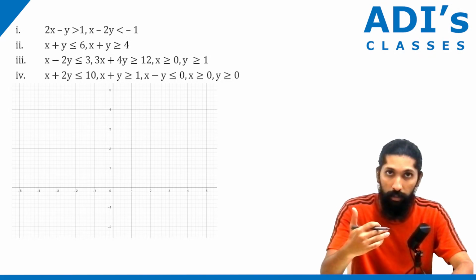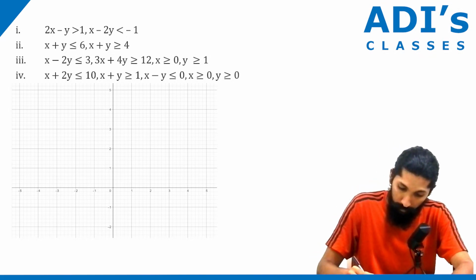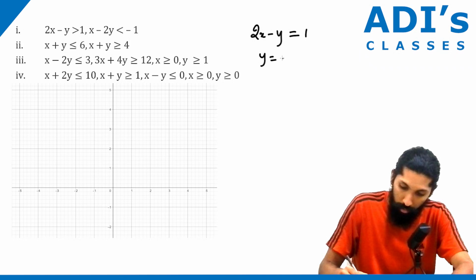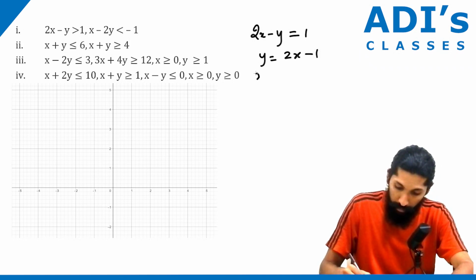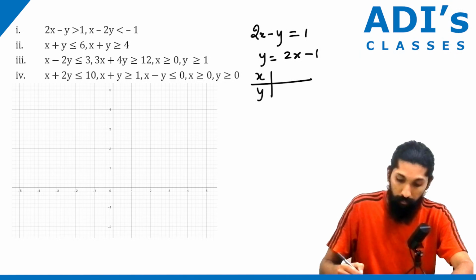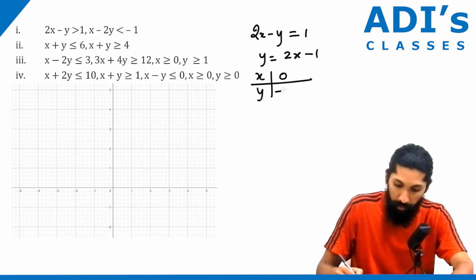Remember how we used to draw the line? Same thing. In the first case, you have 2x minus y is equal to 1, or y is equal to 2x minus 1. If you take x and y, plot it. Suppose I take x value as 0, then y is minus 1.